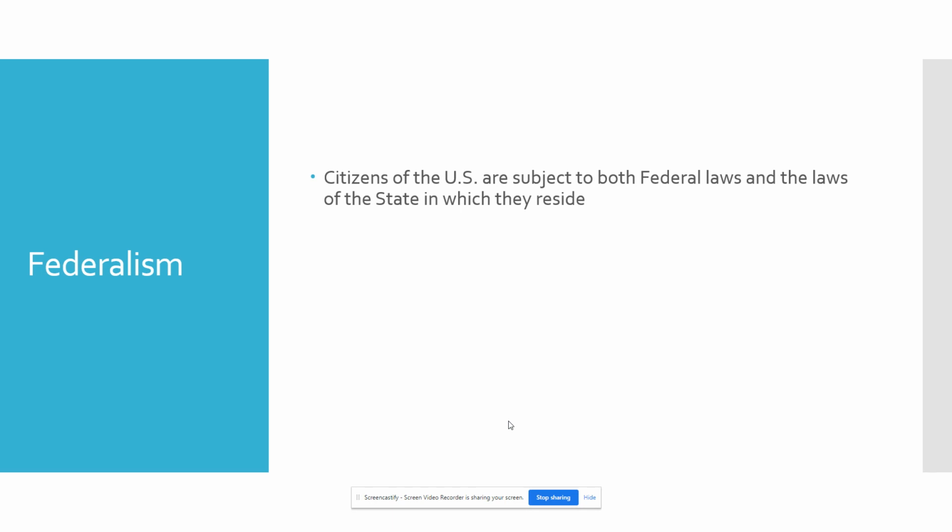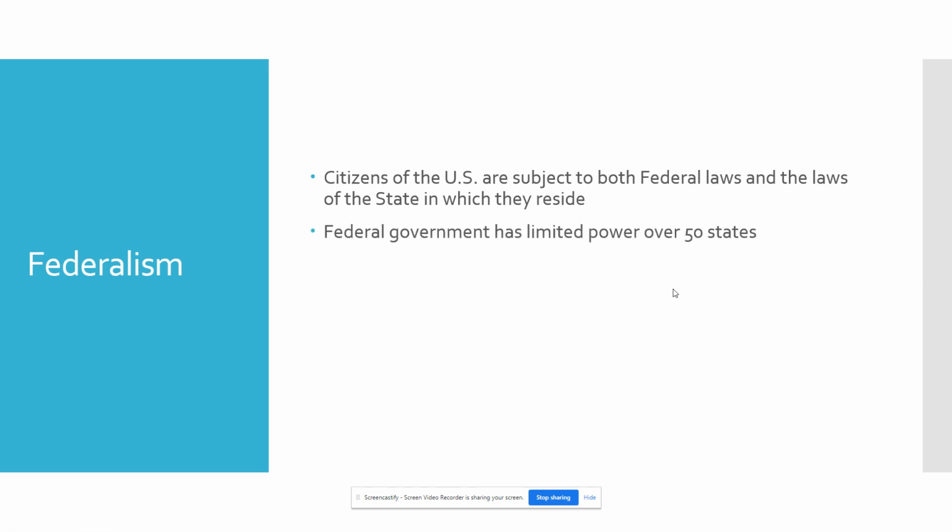So we have what is called a federalist system, federalism. As a resident of Illinois, I have to follow Illinois laws and I have to follow federal laws. And if I travel to Florida, I have to follow Florida laws and federal laws. So we're subject to both the laws of the federal government and the laws of any state in which we're residing or visiting at the time.